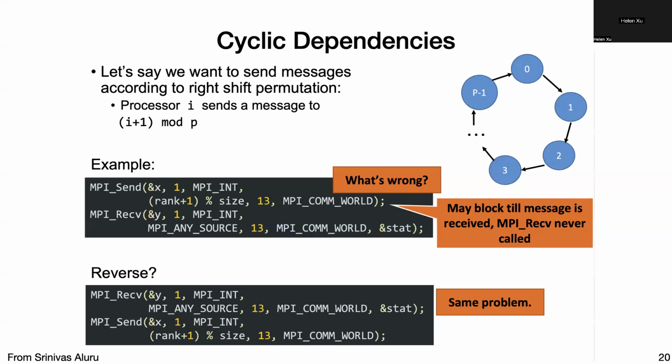But there's an issue: if you don't offset them a little bit, then everybody's trying to send to the same processor. So you need to offset them. In the first round, P0 sends to P1, P1 sends to P2, and so on. In the next round, P0 sends to P2, P1 sends to P3, and so on. So you offset it based on your own rank.